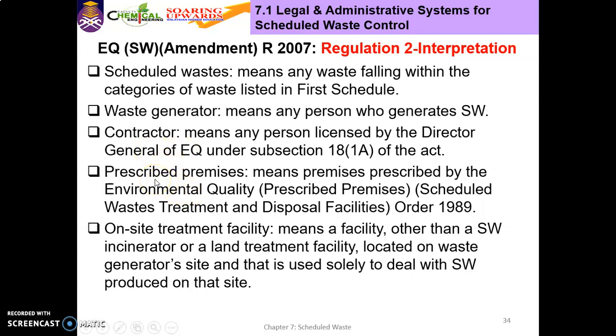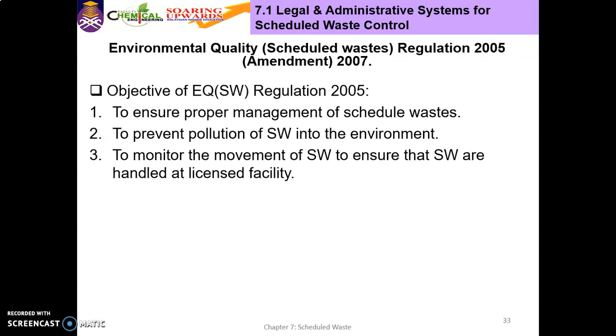Prescribed premise means premise that is prescribed by the Environmental Quality Scheduled Waste Treatment and Disposal Facilities. And lastly, on-site treatment facility means any facility other than a scheduled waste incinerator or land treatment facility located on the waste generator's site and used to deal with scheduled waste produced on that site.